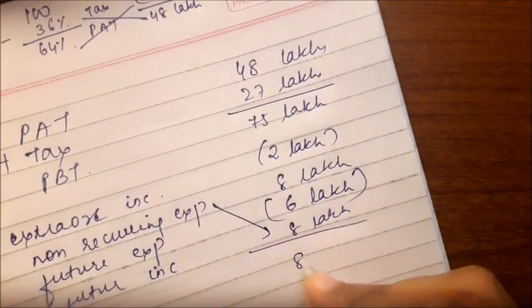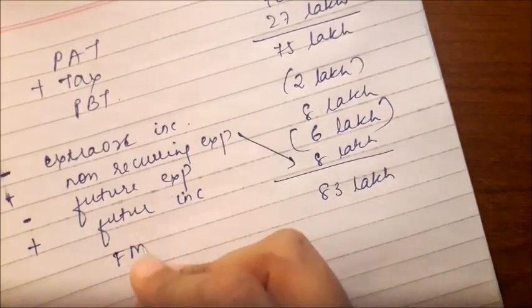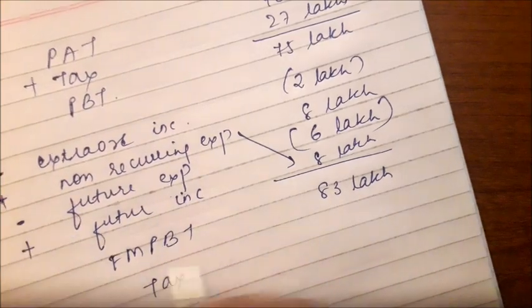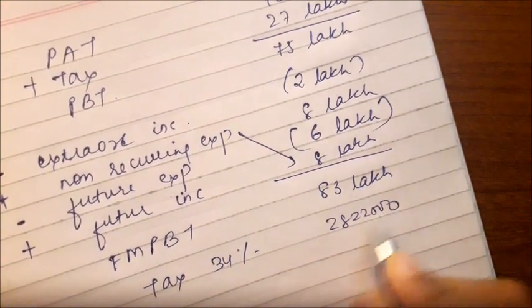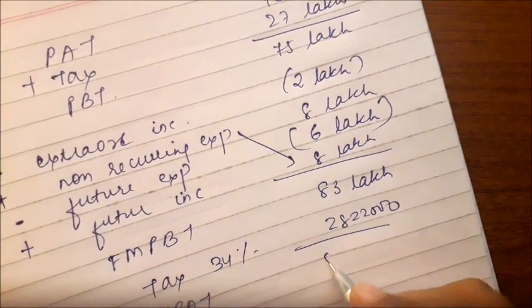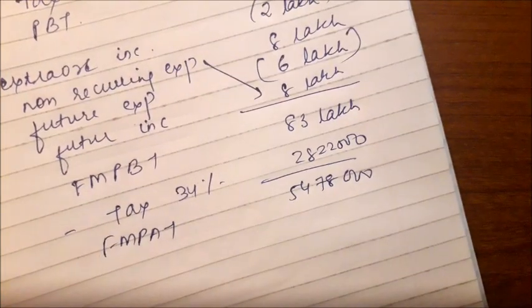After calculating, we get 83 lakhs as future maintainable profit before tax. Giving the future tax at 34%, 28,22,000, we are going to get future maintainable profit after tax as 54,78,000.